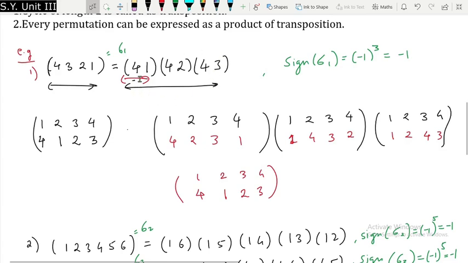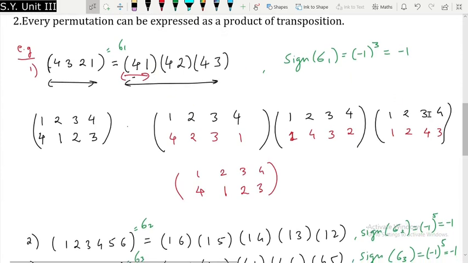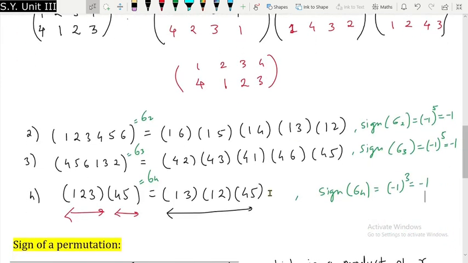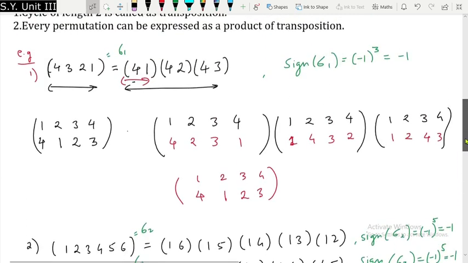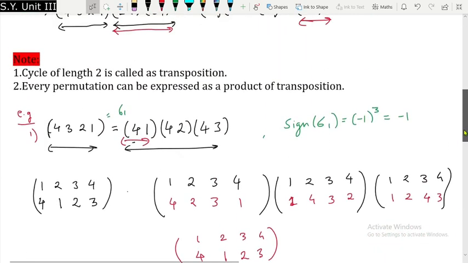So over here you can see that everywhere I am getting an odd permutation. Here it is 3, 5 and 3, and therefore my sign is coming out to be -1. In some books they say signature, in some books they say sign. But we are going to follow the term sign.